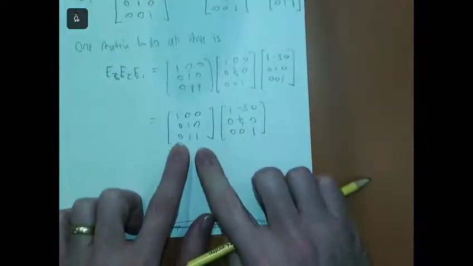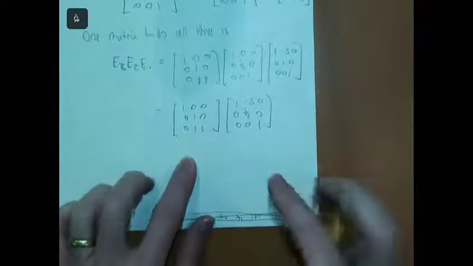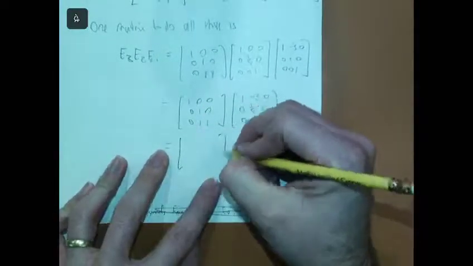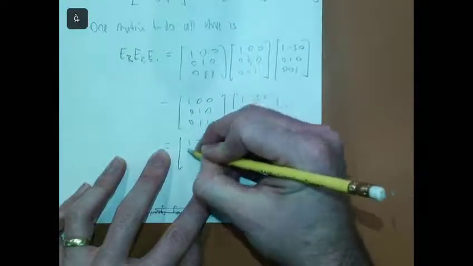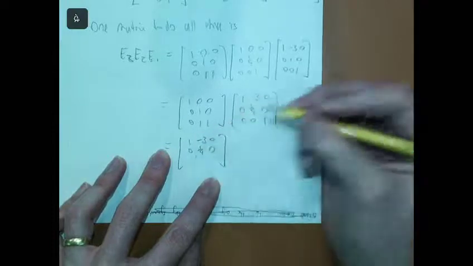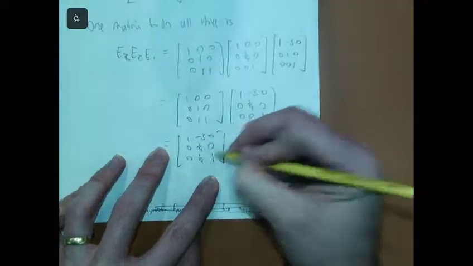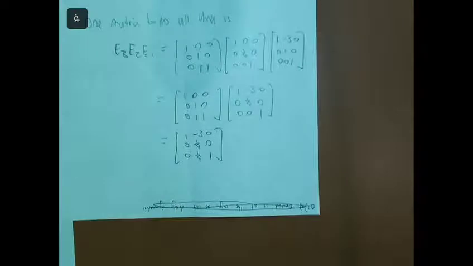And that one does add row 2 and row 3, so that's what I'll do. So each matrix will do its row operation on the answer to its right. Ta-da!